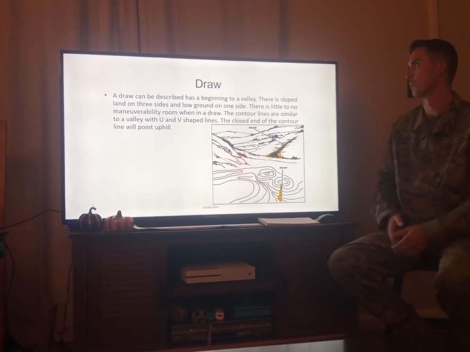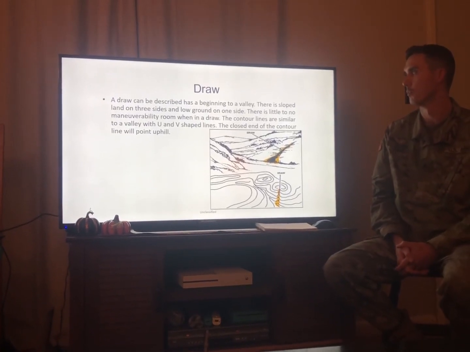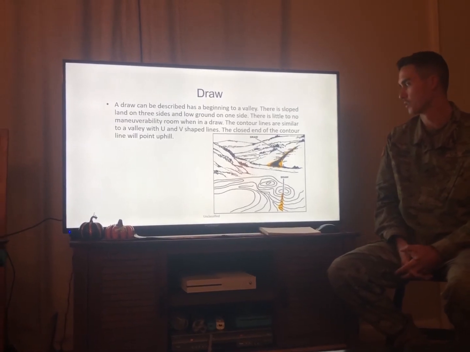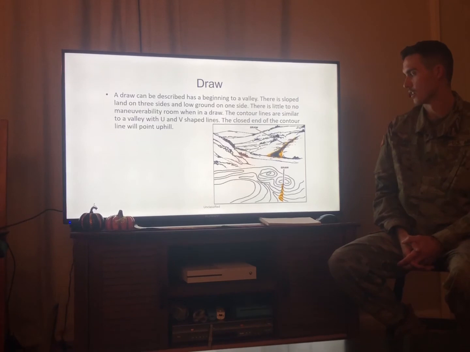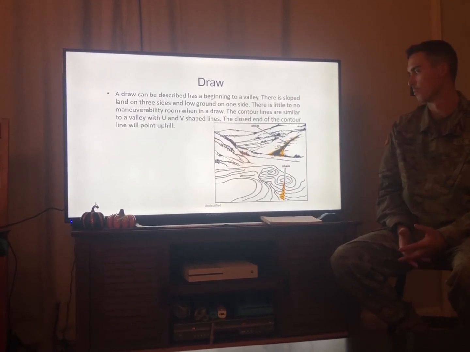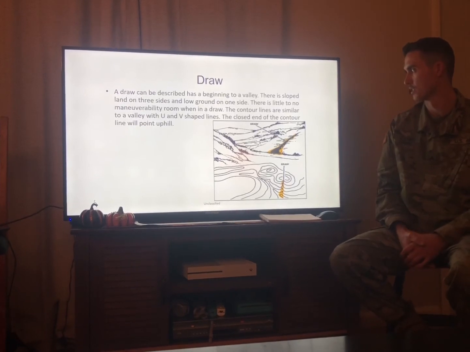Getting into the three minor terrain features, the first one is a draw. It can be described as a beginning to a valley. It's not quite as pronounced as a valley. It doesn't necessarily have to have water running through it or a stream to make the formation.